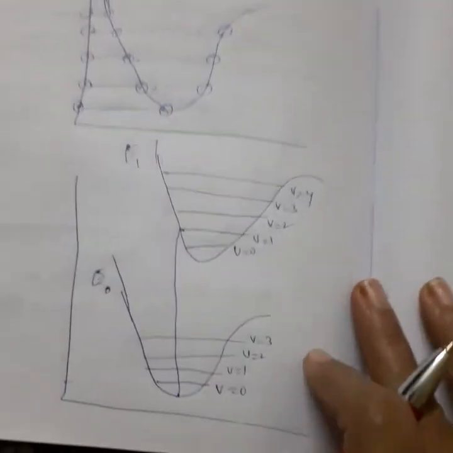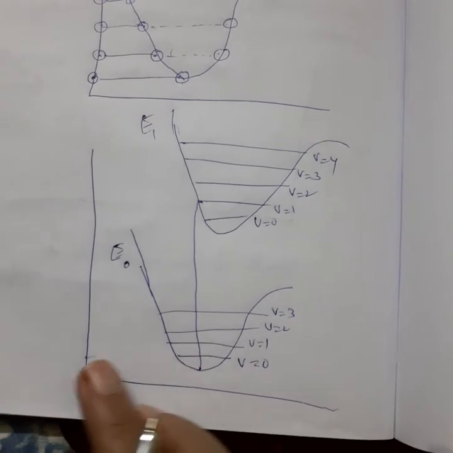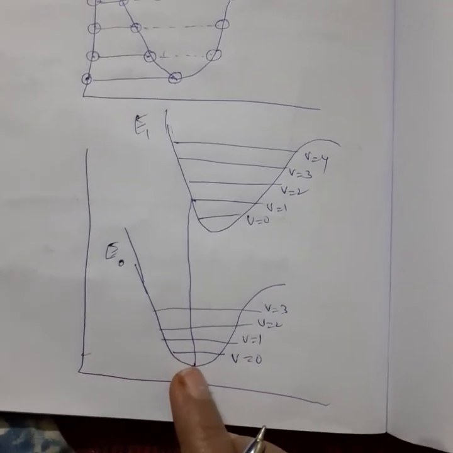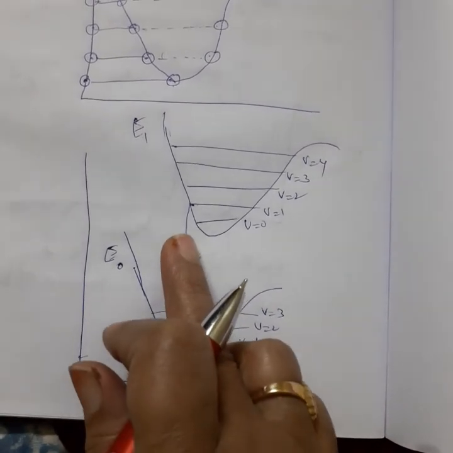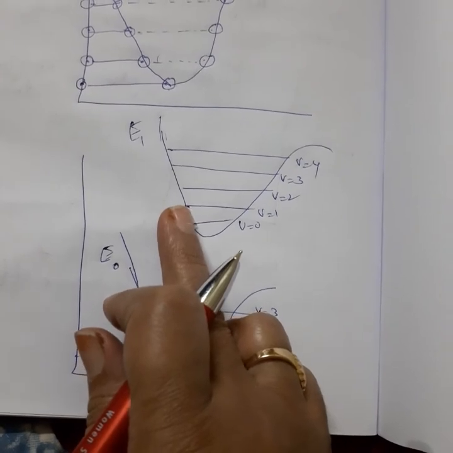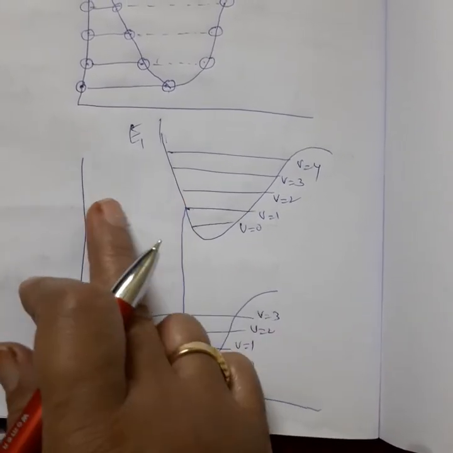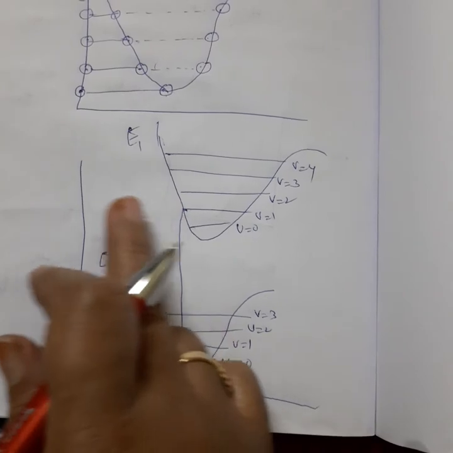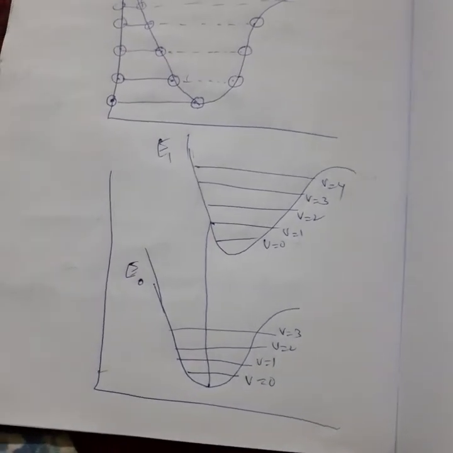If you observe carefully, this is the internuclear distance. The electron is jumping from 0 to 2, meaning here also the same internuclear distance is maintained.